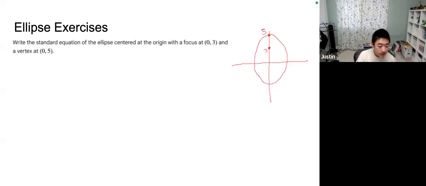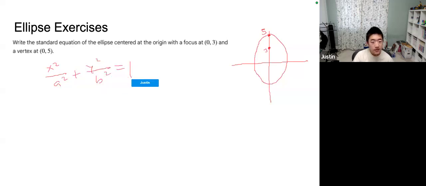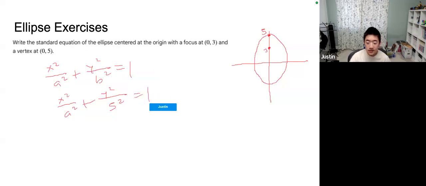Since the ellipse is centered at the origin, h is 0 and k is 0, so it'll be x squared over a squared plus y squared over b squared equals 1. We know the semi-major axis is 5, so b equals 5. So this becomes x squared over a squared plus y squared over 5 squared equals 1.